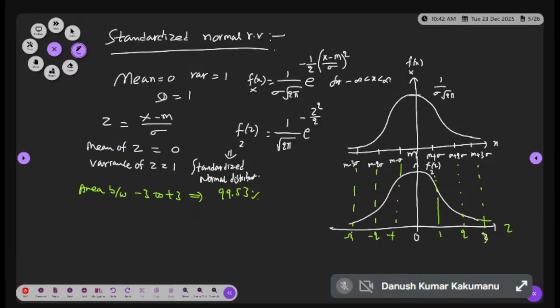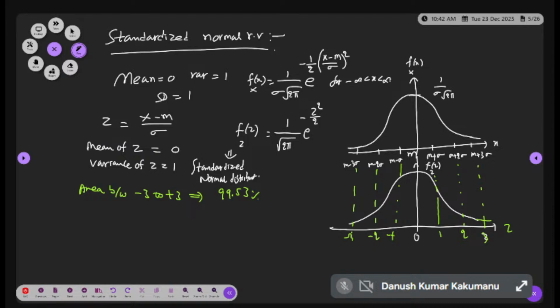It's symmetrical about the y-axis. Because of symmetry, right side is 50, left side also 50, overall 100 percent. Is it clear to all of you? No confusion? So that is the introduction to the normal distribution and the standardized normal distribution.